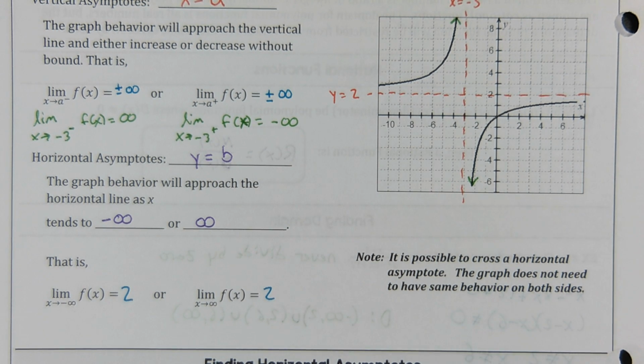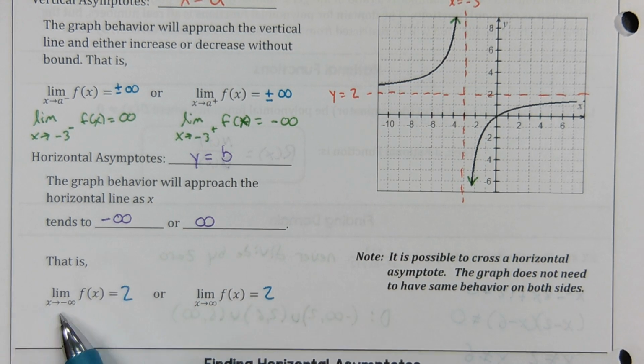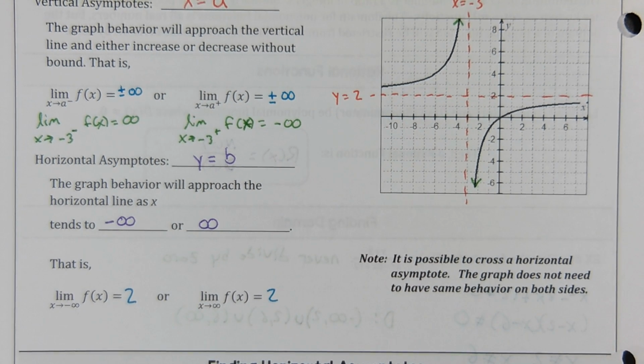Is it always true is a good question. Will they always match? When a rational function has a horizontal asymptote, the graph will always approach the horizontal asymptote for both end behaviors.